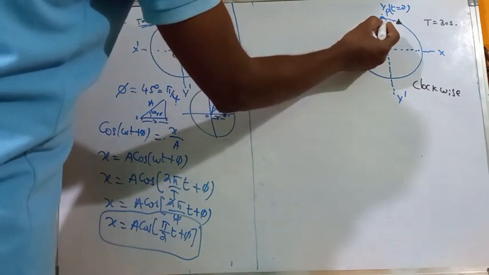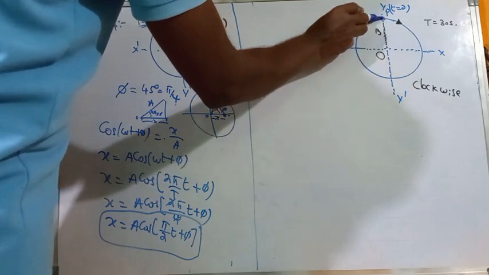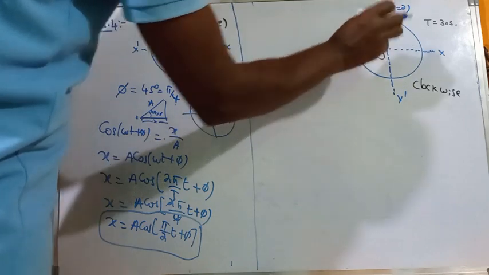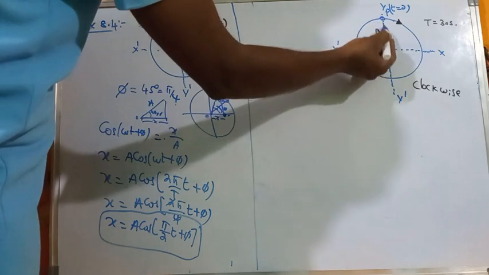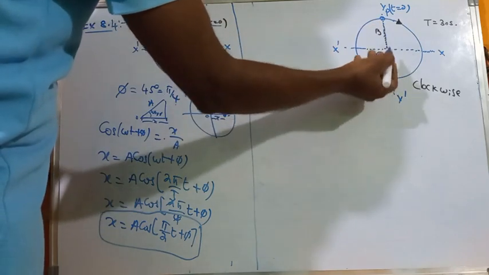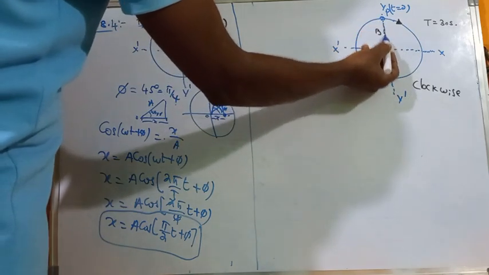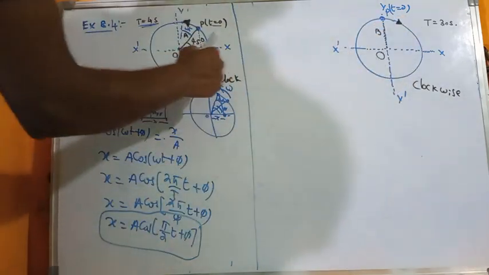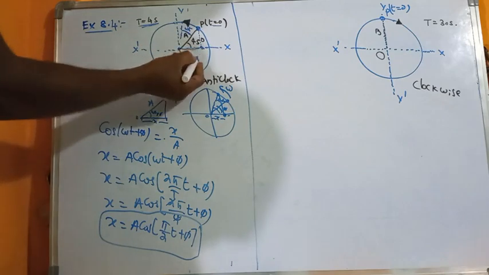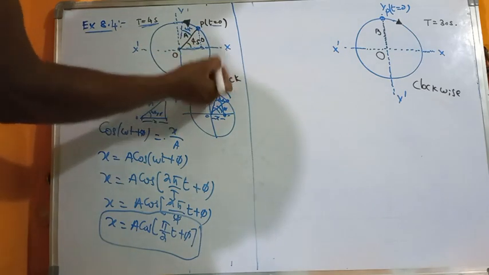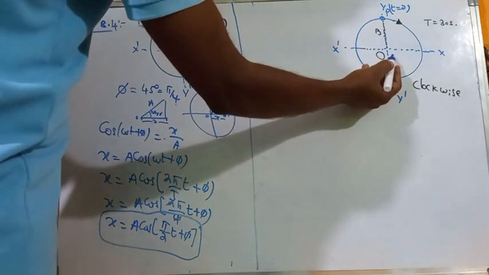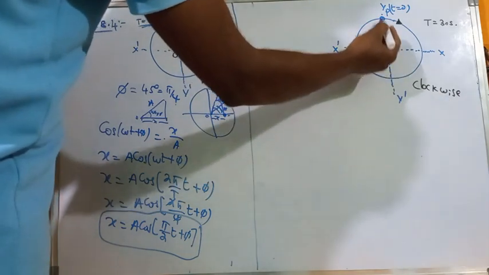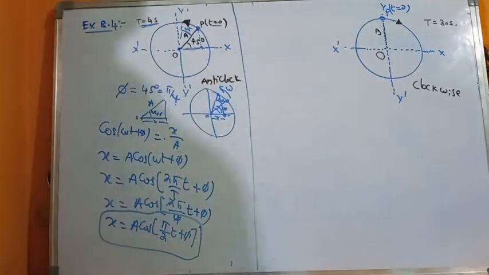So from here it is started. The angles are measured from this reference line. It is different in the anti-clockwise direction: there the reference line is on the x-axis, and in clockwise direction it is on the positive y-axis.